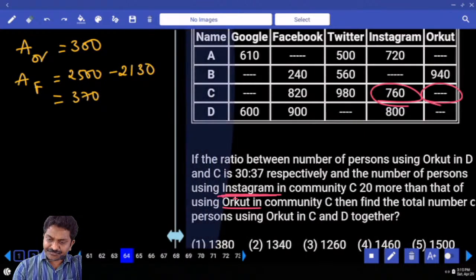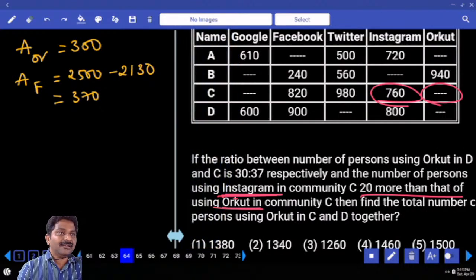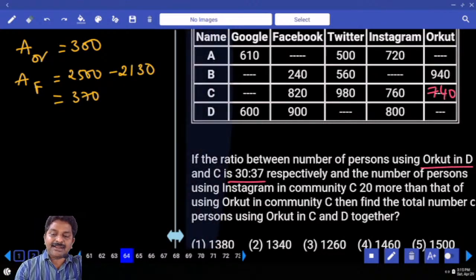They said Instagram is 20 more than Orkut, right? That means Orkut must be 20 more than or less than? Less than. 20 less than 760, 740.